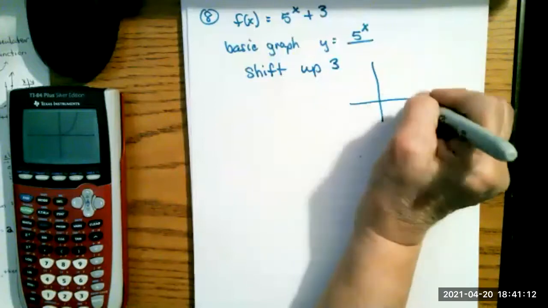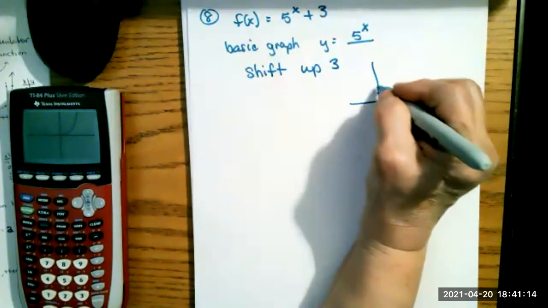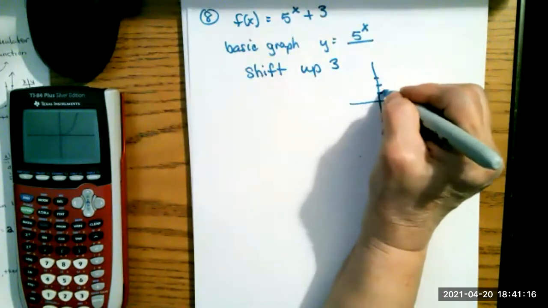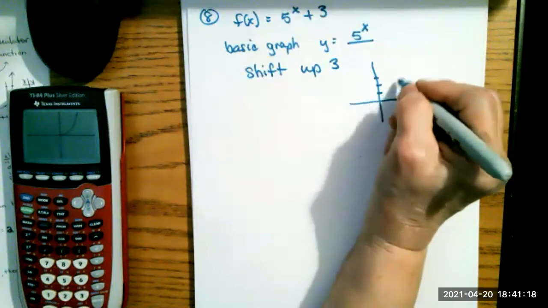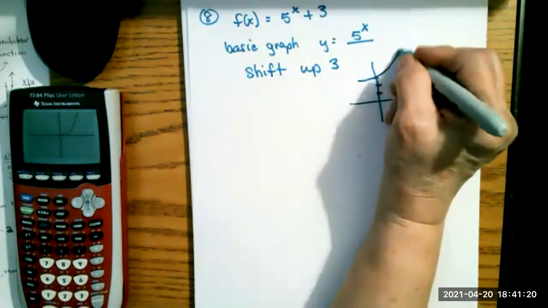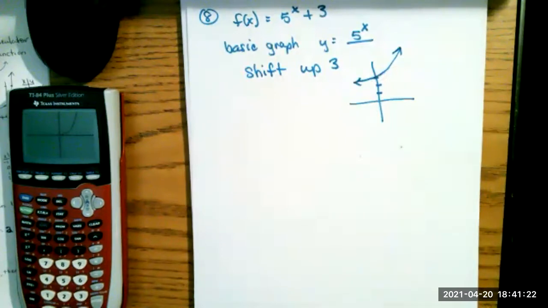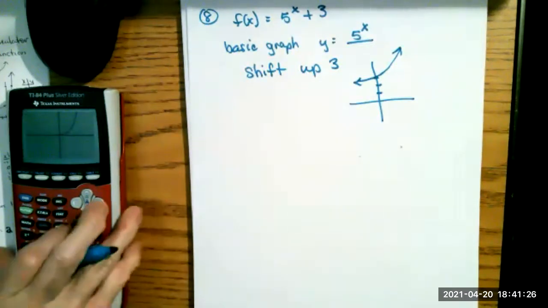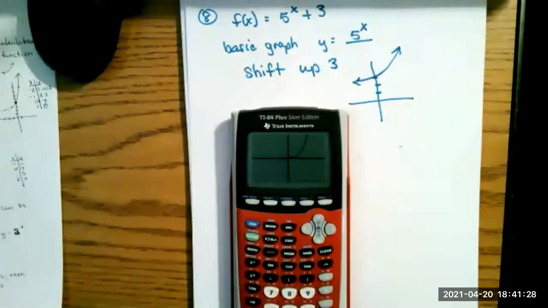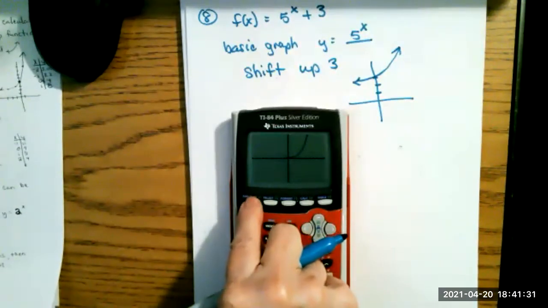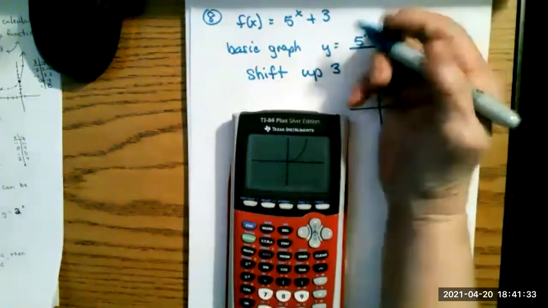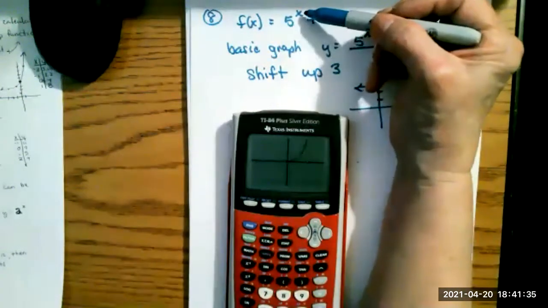And gosh, we can almost do it at this point. Instead of it going through 0, 1, it's going to go through 0, 3. It's going to shift up 3. Now it's shifting up 3 because it's not in parentheses, right? It's not up here with this little x.